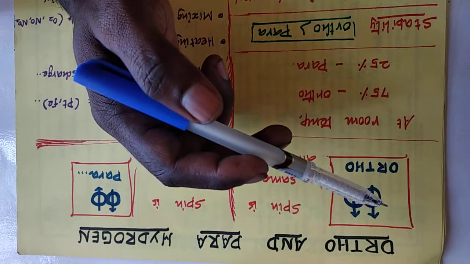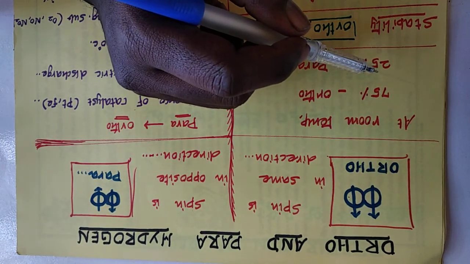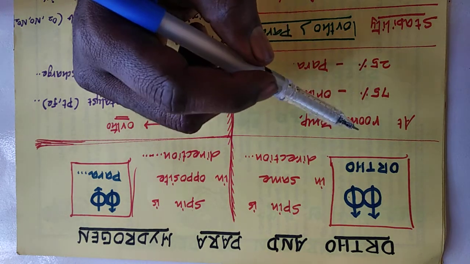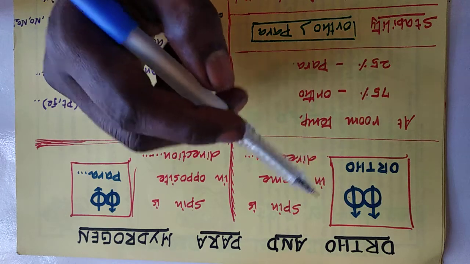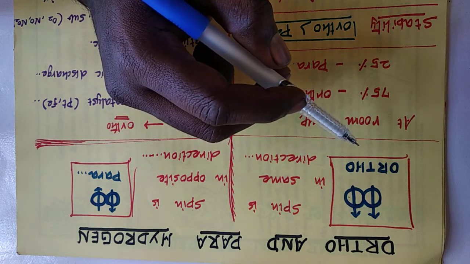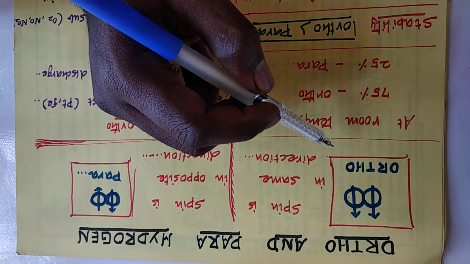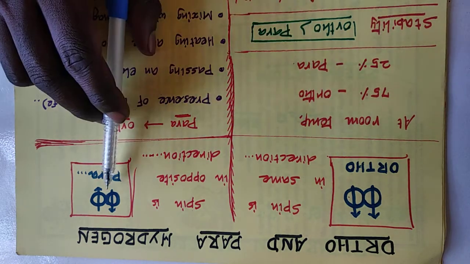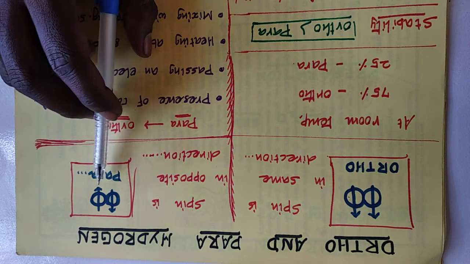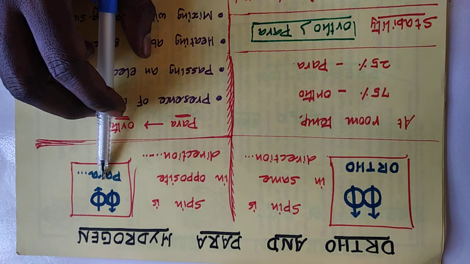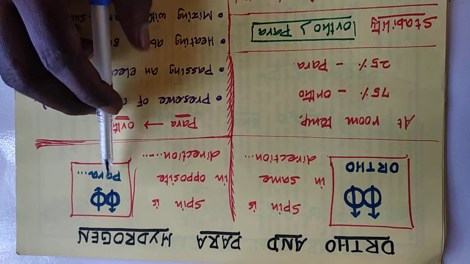Both may be clockwise or anti-clockwise. So in a hydrogen molecule, when the nuclei are spinning in the same direction, such hydrogen is called ortho hydrogen. Then para hydrogen, in the sense the spin will be in the opposite direction. One of the hydrogen nuclei will be clockwise, whereas the other one will be anti-clockwise. Is it clear?